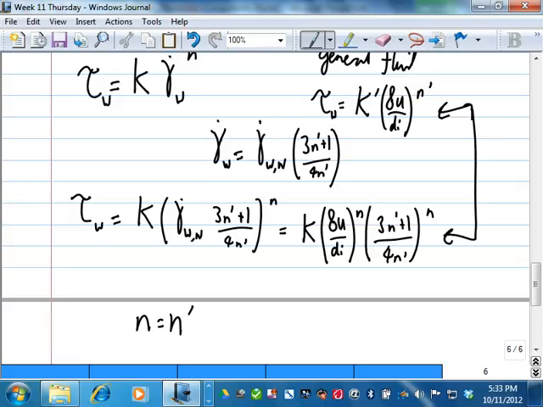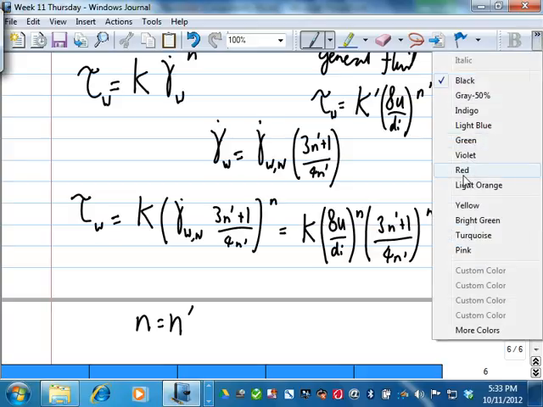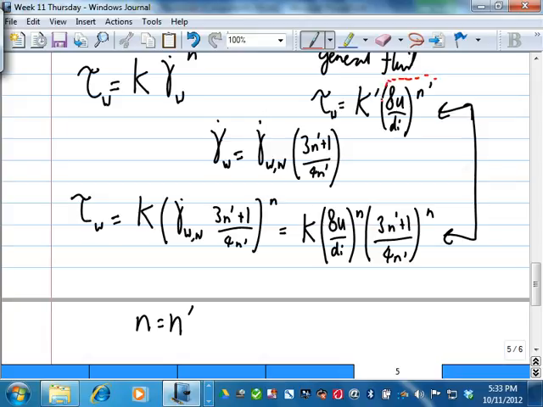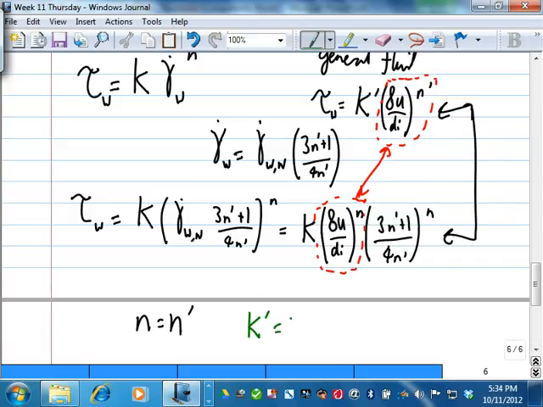And we can say, because of what I drew in red, this one must be equal to this one. No two ways about it. Therefore K prime, the other one in green, is equal to K times 3n prime plus 1 over 4n prime.